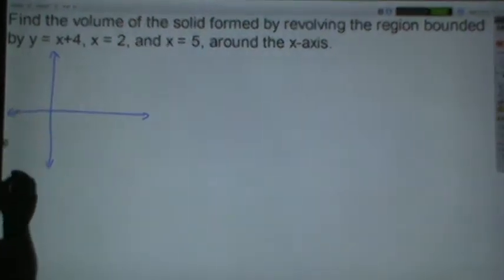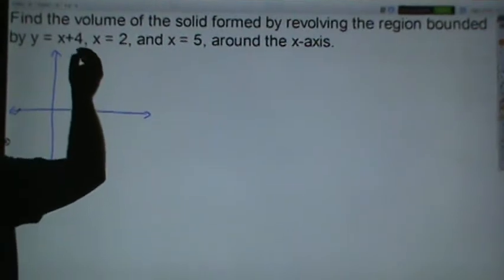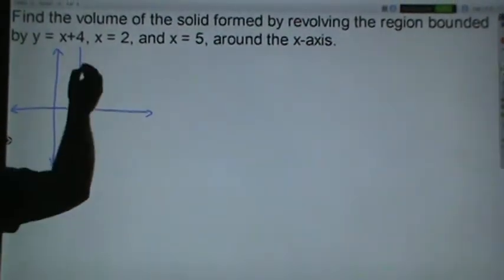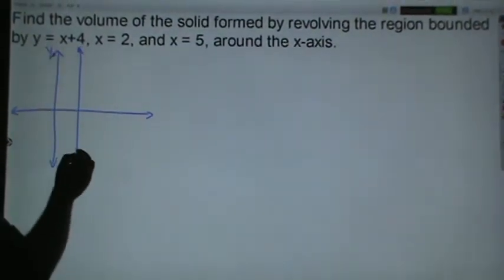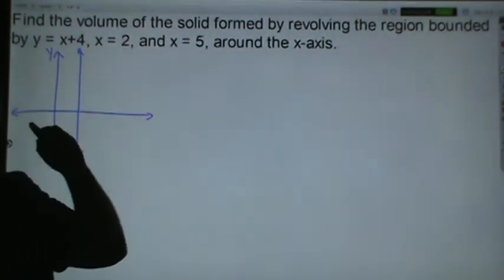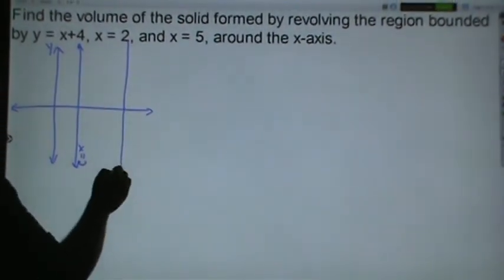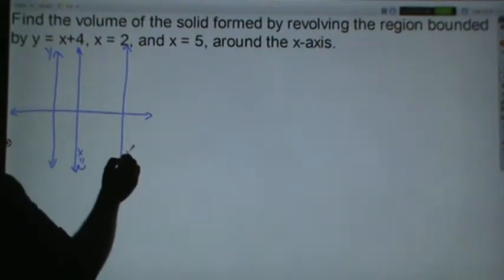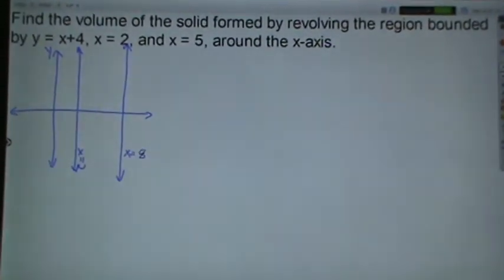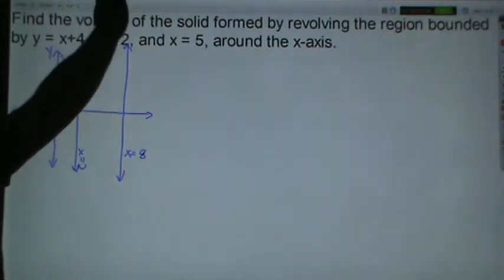I'm going to have x equals 2, that's to the right 2 units, vertical line, x equals 2, I'm going to have x equals 5, that would be to the right 5 units, x equals 5, and then I have this line, y equals x plus 4, so that means I have a y-intercept at 4 and a slope of 1, so we need a line that goes through like this.